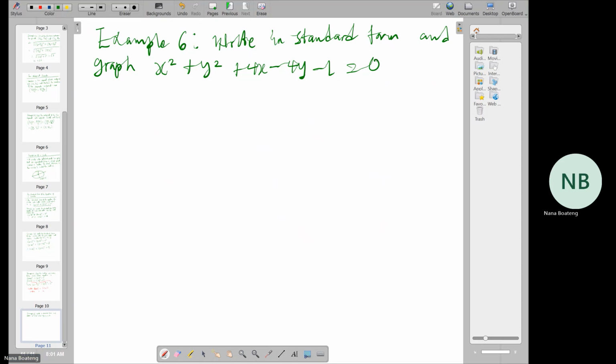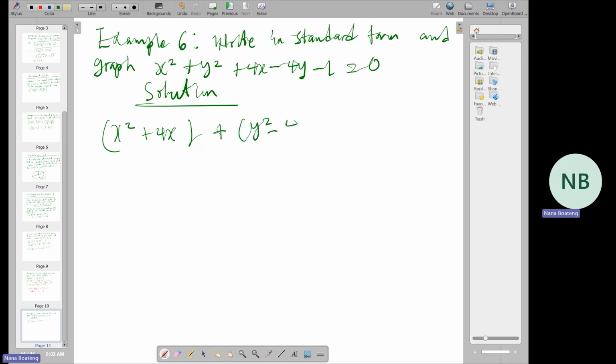All right. So to write this equation in standard form, this is how we are going to proceed. So let's look at how we do it. We're going to write this as x squared plus 4x plus y squared minus 4y is equal to 1.